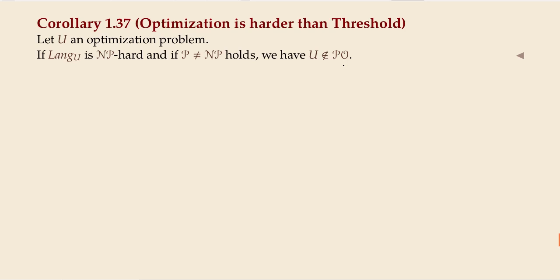Now for the proof, assume the contrary, assume that U is in PO. So that means there's a polytime algorithm for optimizing this problem. Let's call it A.